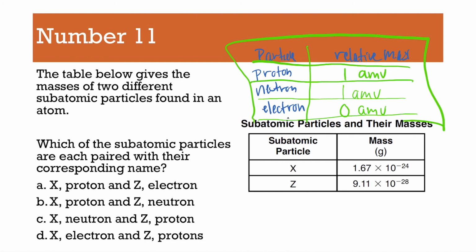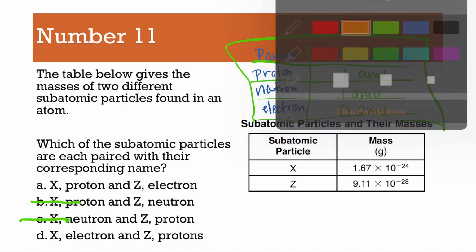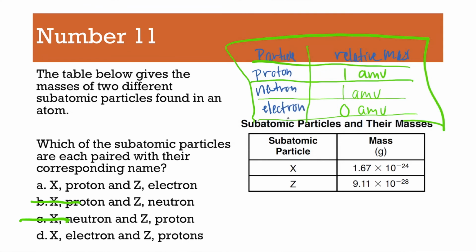If we look at this question though, it says, well, we know X and Z are different masses, so it can't be B and it can't be C, because D's a possibility right now. If it was protons and neutrons, they would have the same mass. But now it's like we're down between protons and electrons.